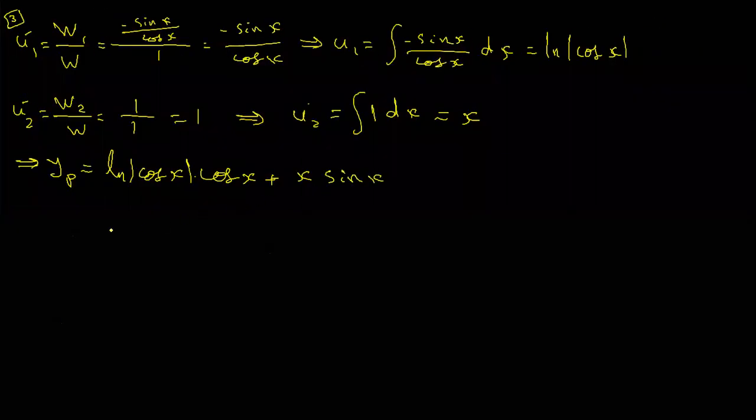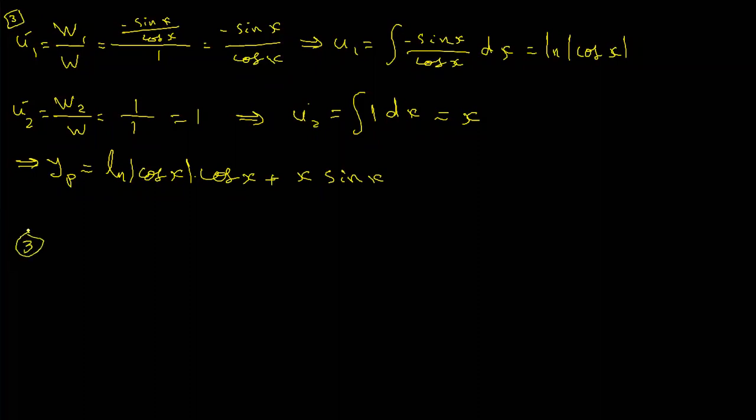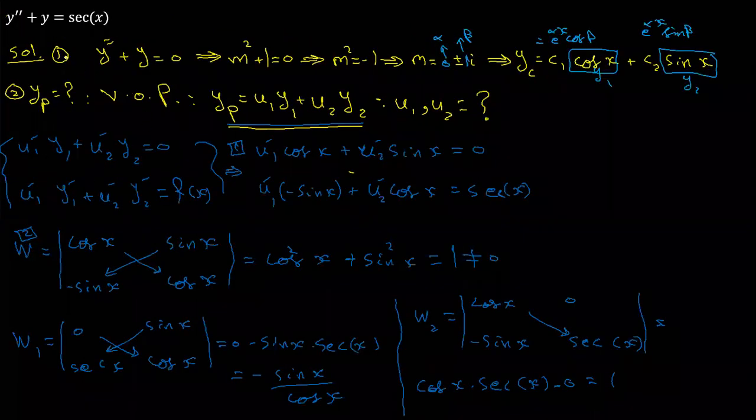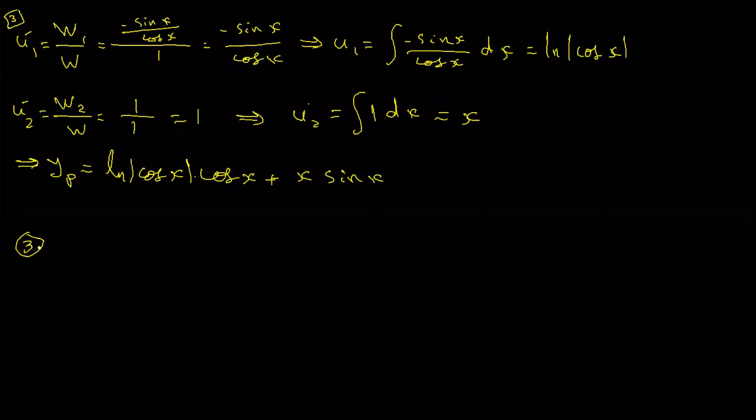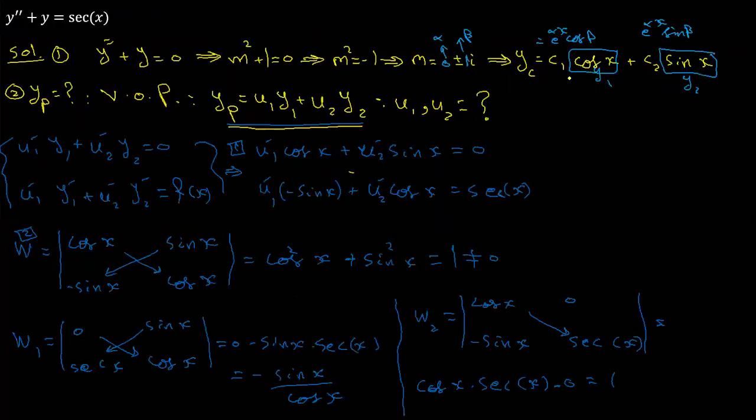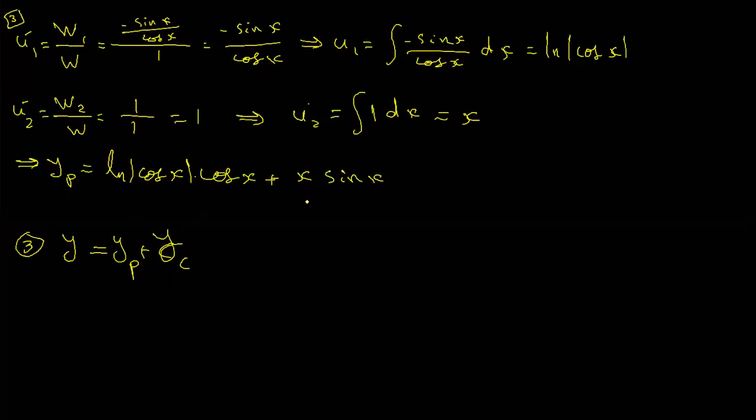This is my yp. Now the third step: notice here, step number 1 in circle, step number 2 in circle, but here in square. Here, go back to circle. My y, the general solution of the given differential equation, is yp, which I found here, plus yc, which I found in the first step. Add them together, so you finished.